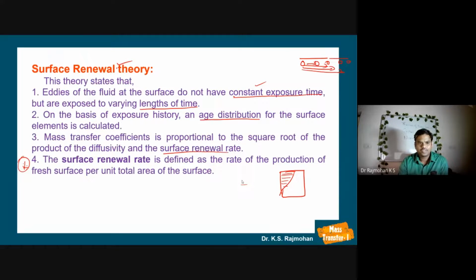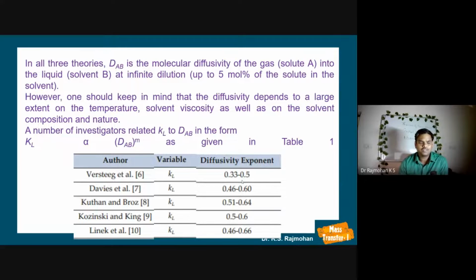If we compare these values with experimental values, several people have performed experiments, and you can see the reported values. According to one theory, KL is proportional to DAB power n, with n equal to 1, and 0.5 we have seen, right? But if you look at the experimental data, you can see that the exponent varies from 0.33 to 0.5, 0.46 to 0.6, 0.5, 0.64, 0.5, 0.6, 0.46, 0.55.